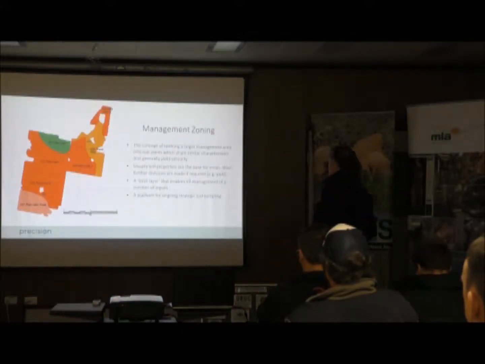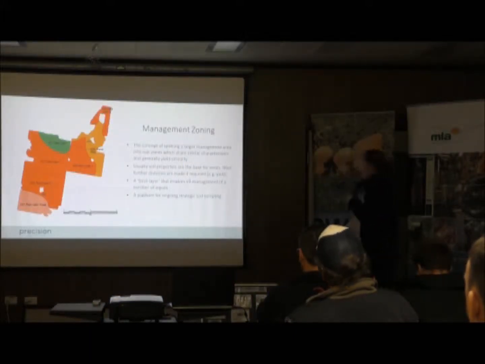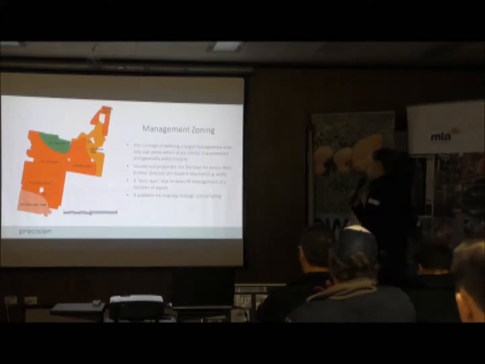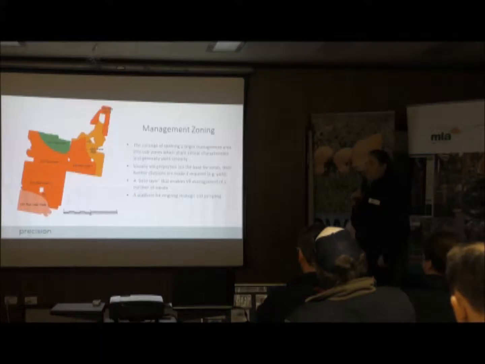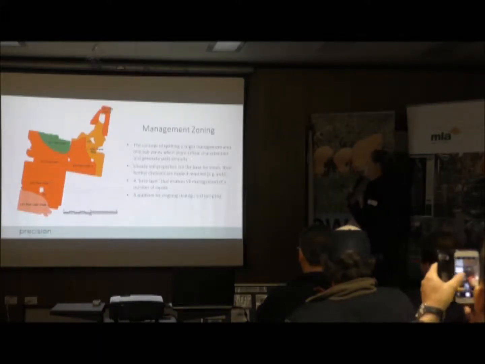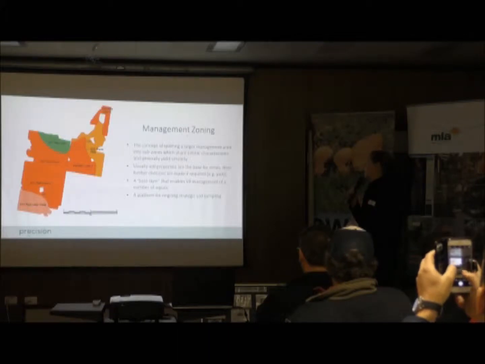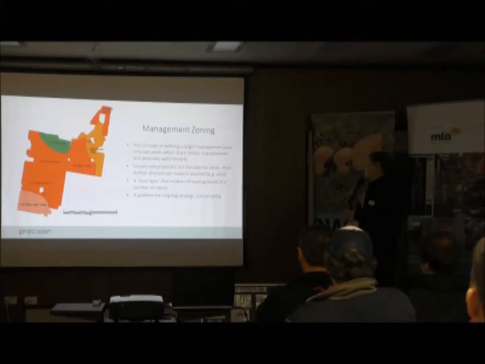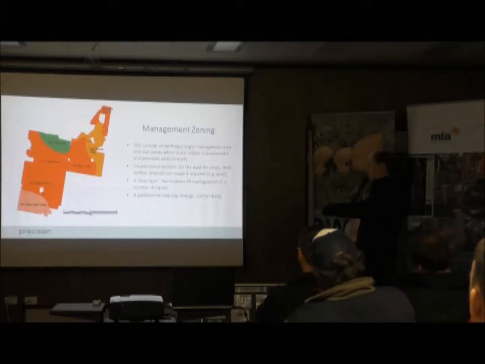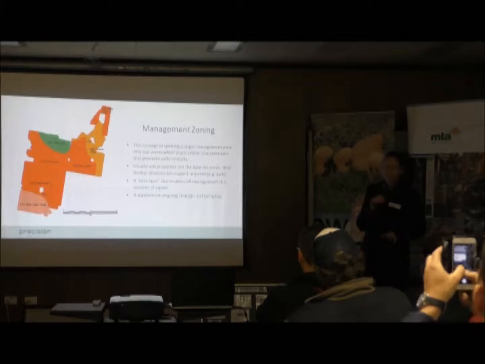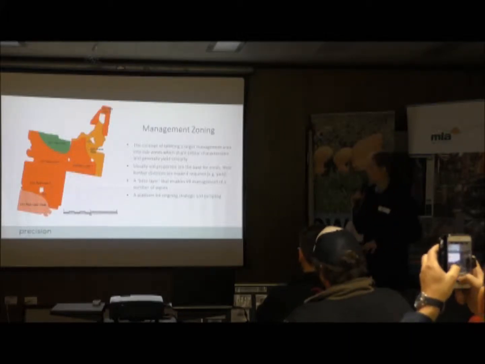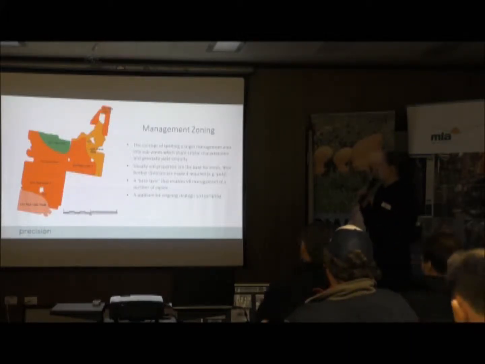Righto, so management zoning is the concept of splitting a larger management area into subzones which share similar characteristics, and they generally yield similarly. So in the example on the left, we've got a few paddocks that have mostly a red loam texture. Down the bottom there, we've got a red loam weak zone, so we zoned that out because it doesn't perform as well, so we've put that as a separate zone.